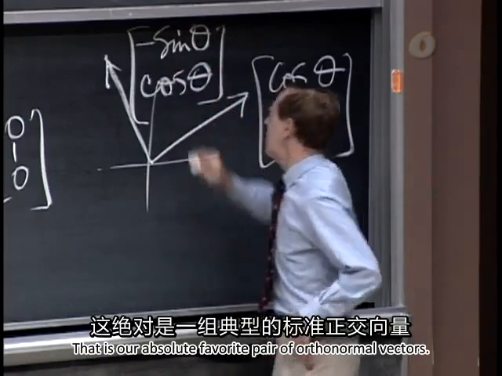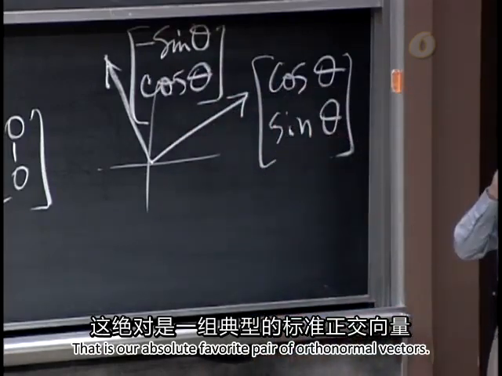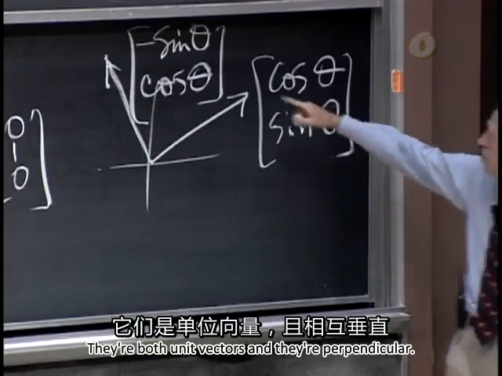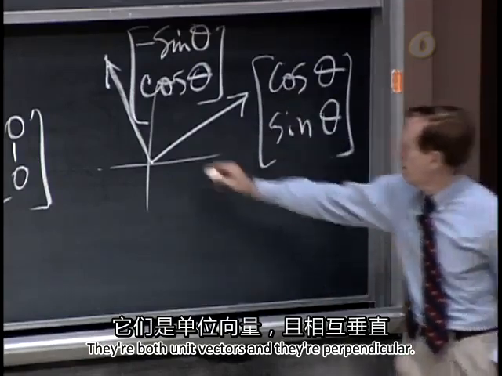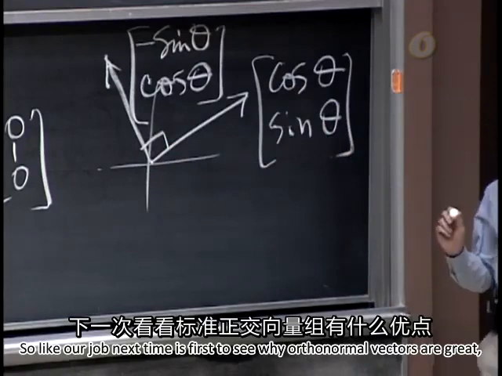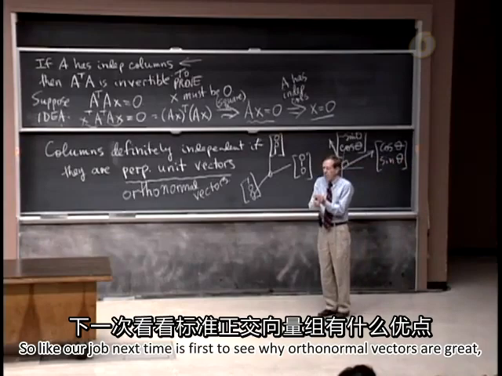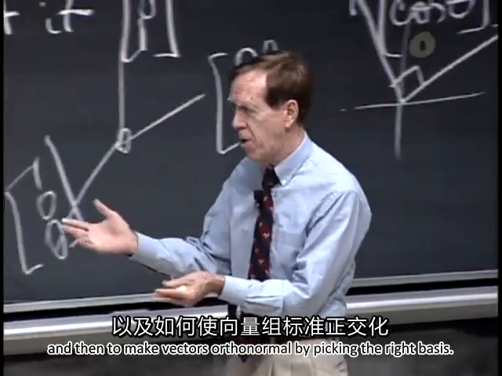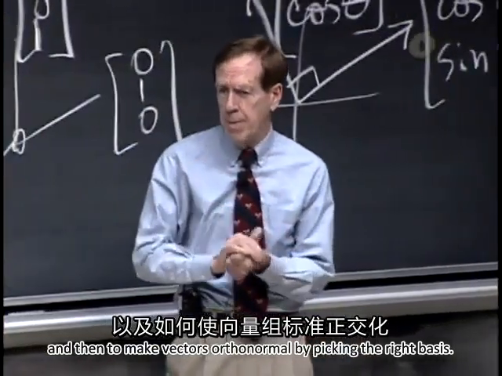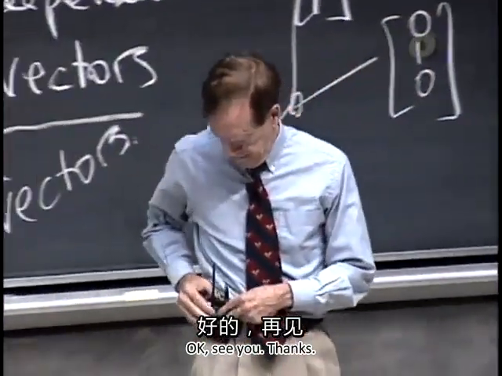That is our absolute favorite pair of orthonormal vectors. They're both unit vectors, and they're perpendicular. That angle is 90 degrees. So our job next time is first to see why orthonormal vectors are great, and then to make vectors orthonormal by picking the right basis. Okay, see ya. Thanks.